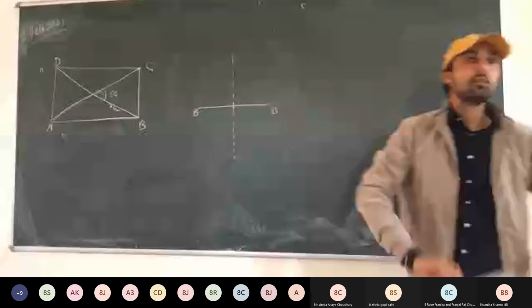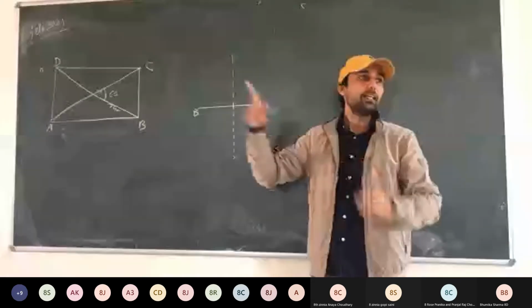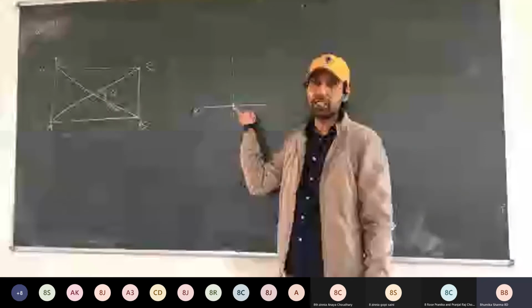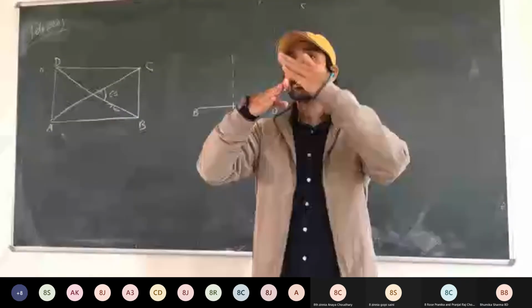Now at this midpoint, the diagonals bisect at what angle? At this midpoint the angle is 60 degrees, because at the midpoint the diagonals meet.